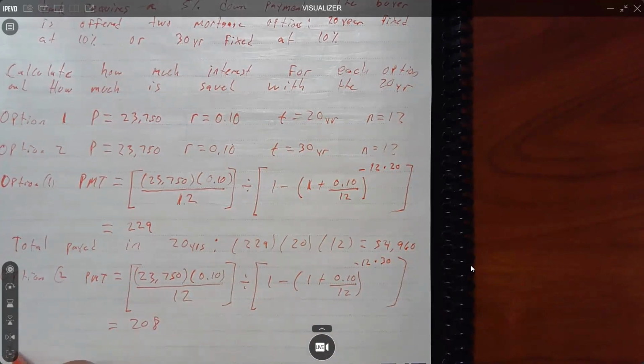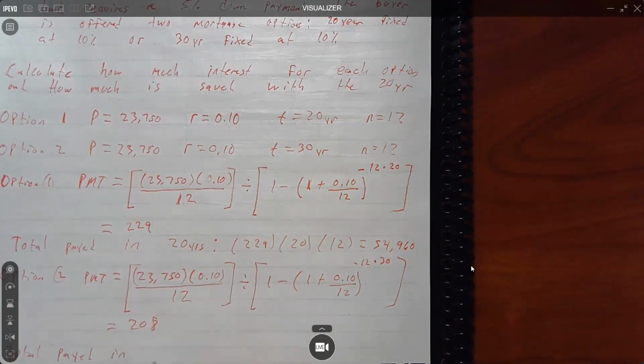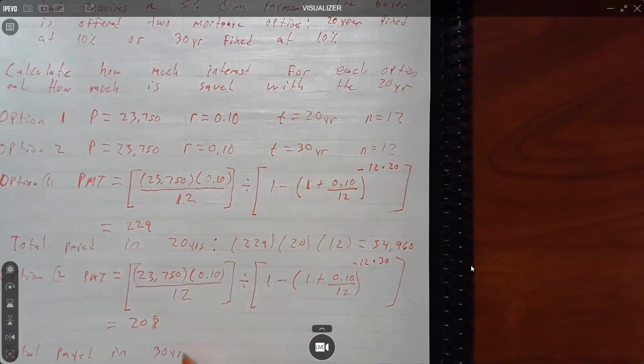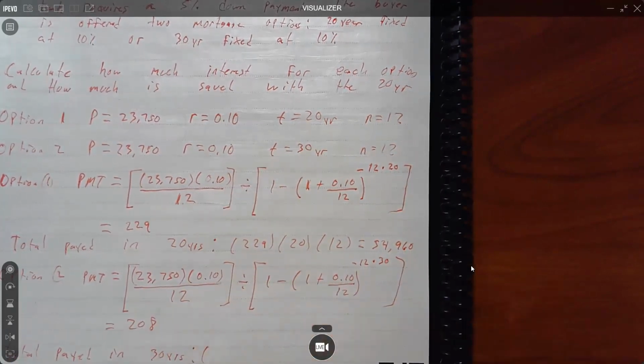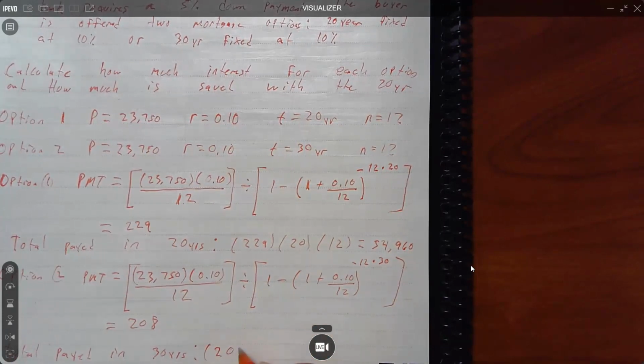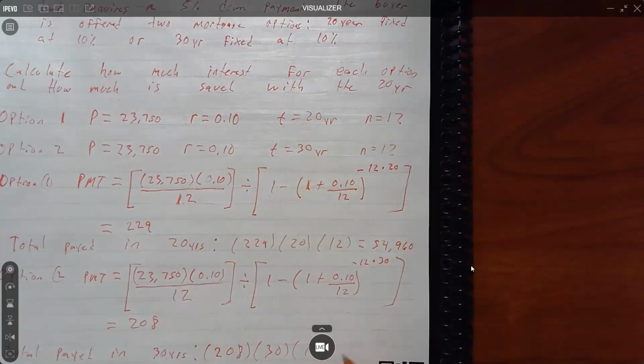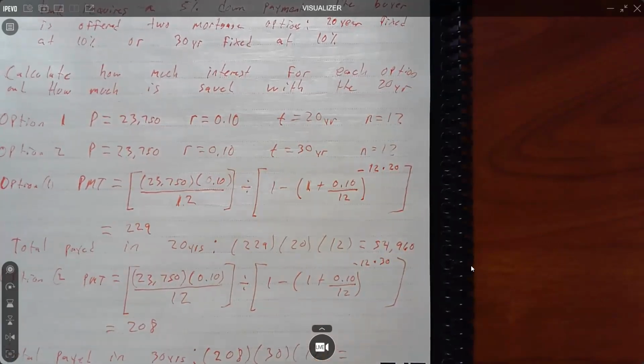So total paid, and 30, that would be $208 times 30 times 12. You guys get 74,000.